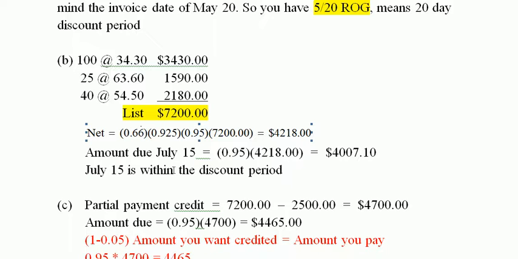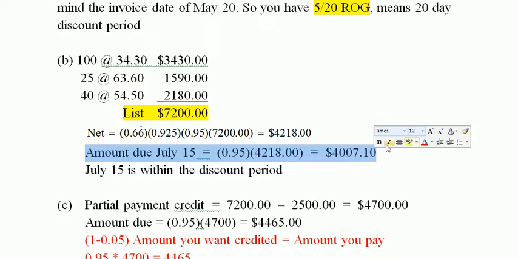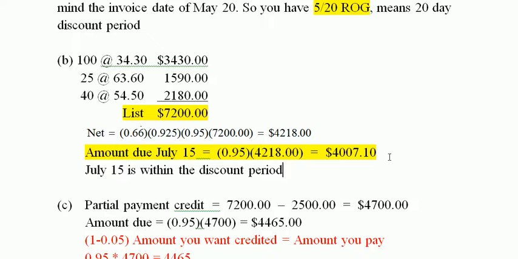If we paid on July the 15th, we would be entitled to the 5% trade discount for paying within 20 days of receipt of goods. So that means that we could multiply by 0.95 to get that 5% discount. So the amount that you would pay would be 4007.1, because July the 15th is within the discount period.